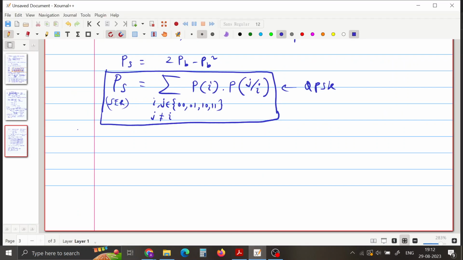So okay, let me start from here itself. This is your SNR, which is also your Eb/N0, 9.5 dB, and once again I'll convert it to linear scale.